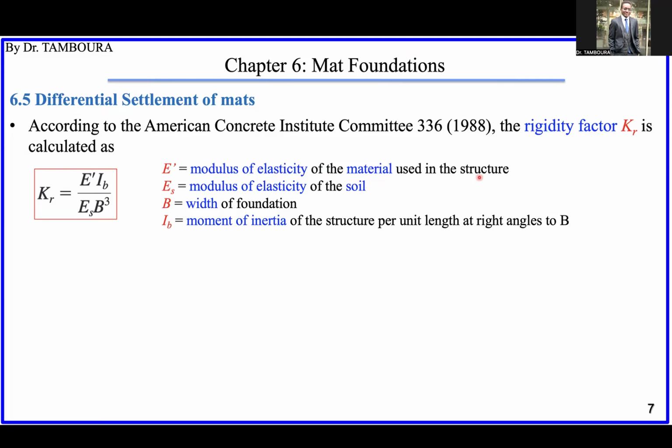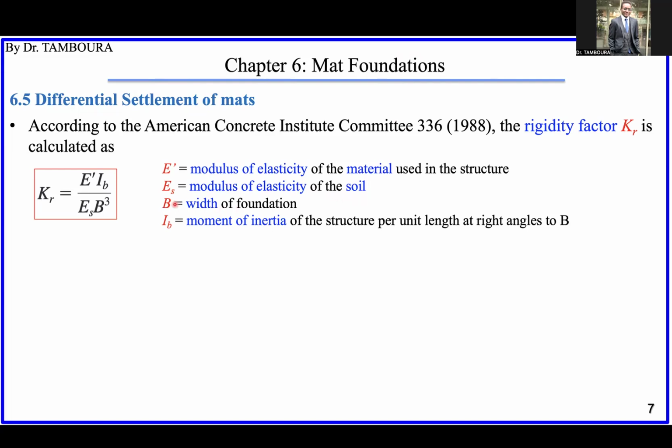In this case, E prime stands for the modulus of elasticity of concrete. If we are discussing concrete here, the foundation is made of concrete, the mat foundation. Then ES is the modulus of elasticity for the soil.